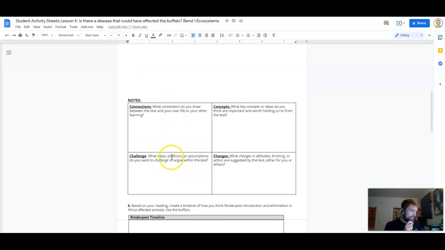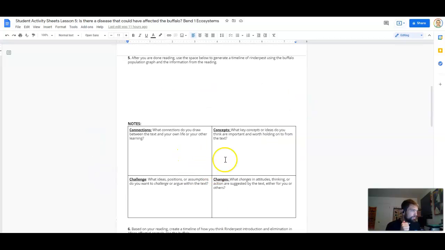What are ideas, positions, or assumptions you want to challenge or argue? And what changes in attitudes or thinking do you have while you're reading the text? Use this to jot down your ideas as you go through, and this is a system you can use with any kind of reading you're doing.